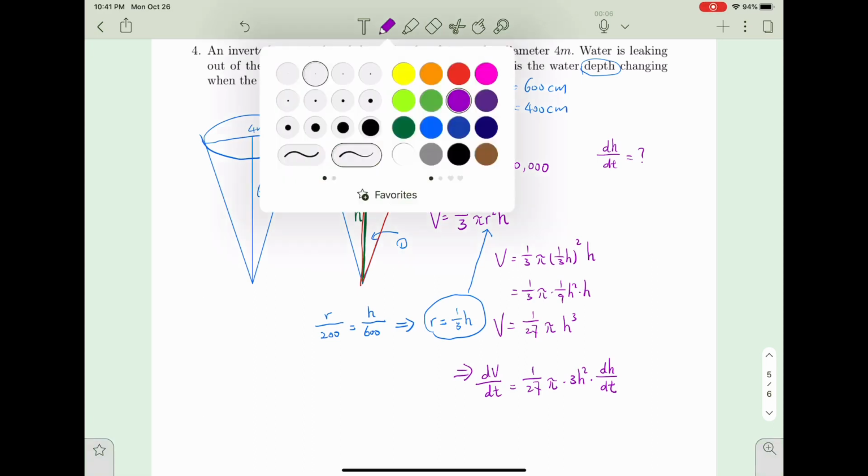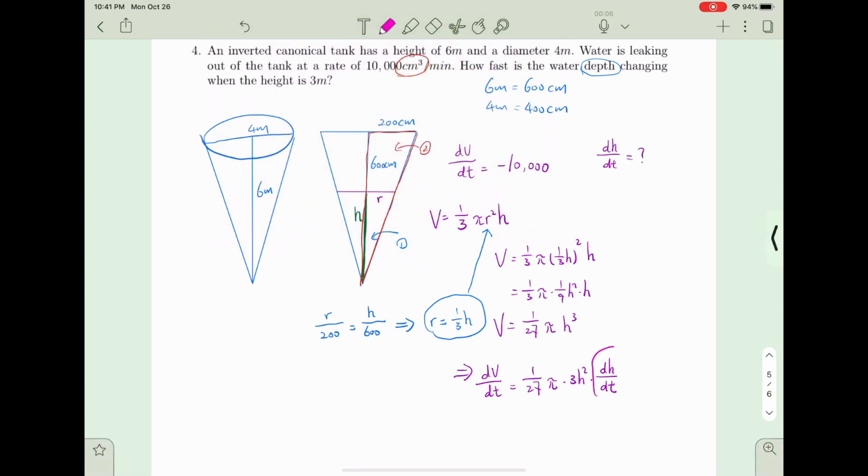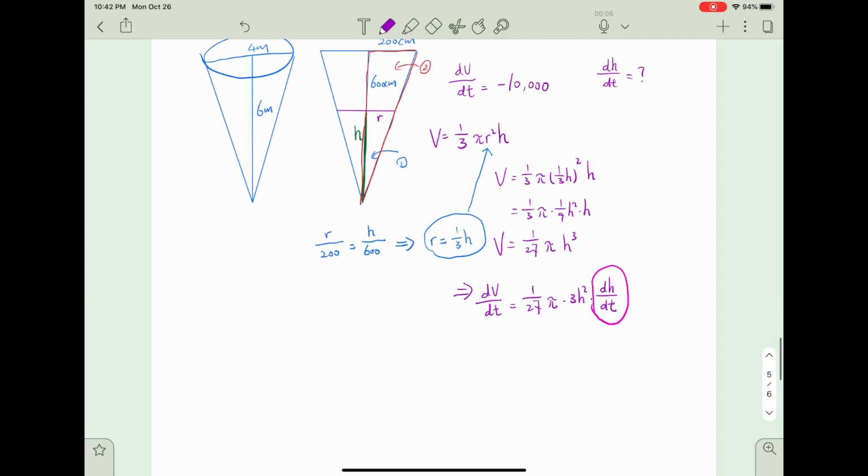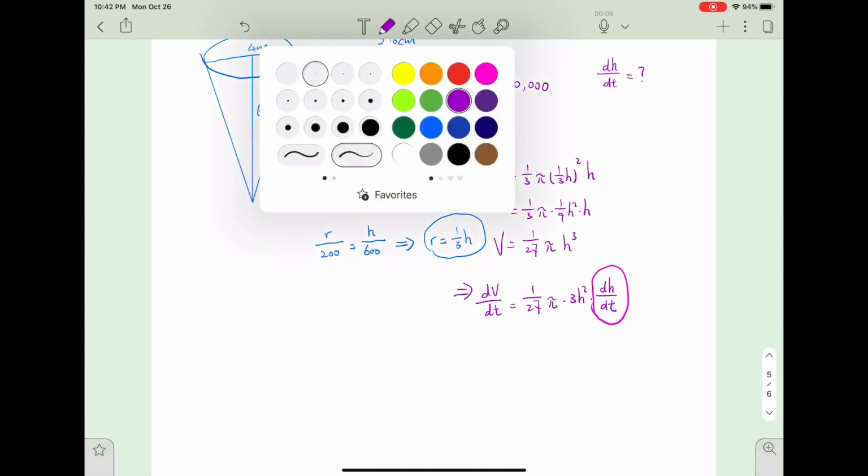We are looking for dh dt when h is 3 meters, so we can plug in h equal to 300 centimeters. We already know dV over dt, so plugging in everything, we should be able to find dh dt. Let's write that out.